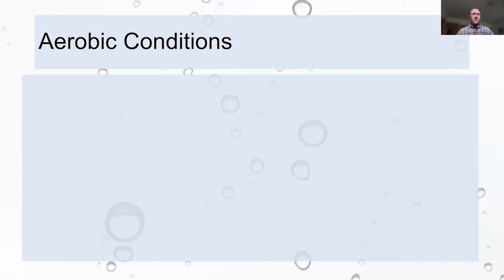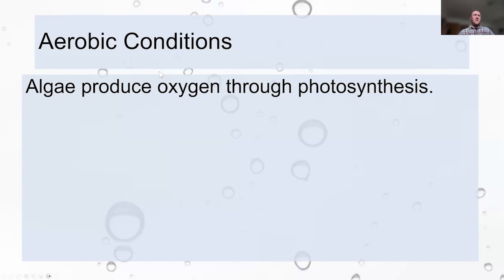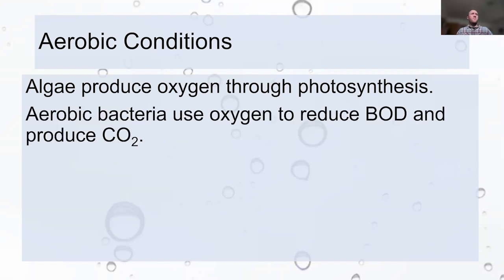Okay, so just to go over those processes in a little more detail. The algae at the top produce oxygen through photosynthesis. And then the aerobic bacteria, so the bacteria that use oxygen, reduce the BOD, and they convert that carbon into CO2 that is then released into the air.